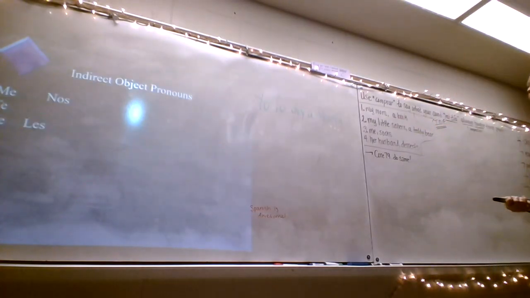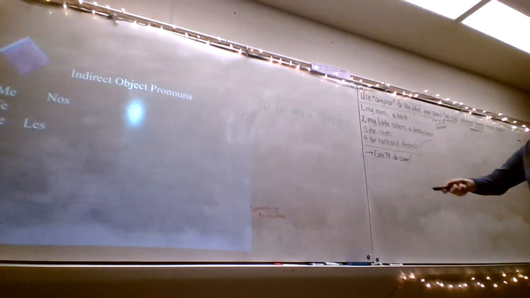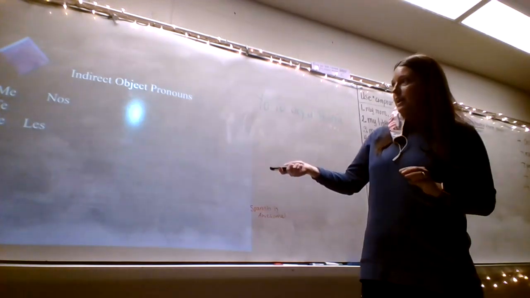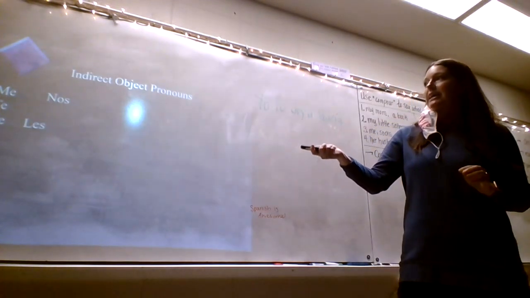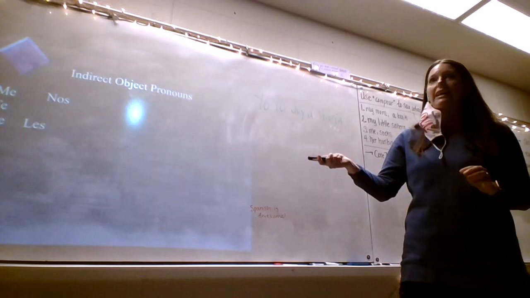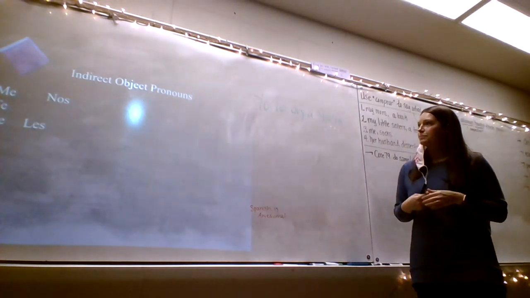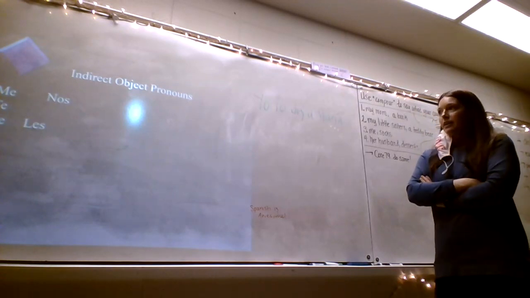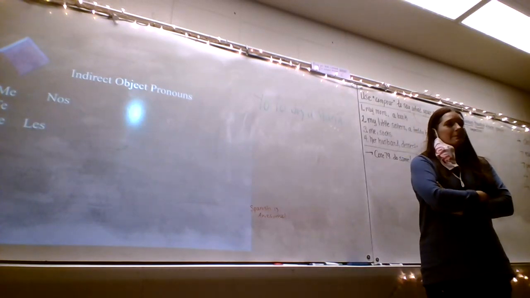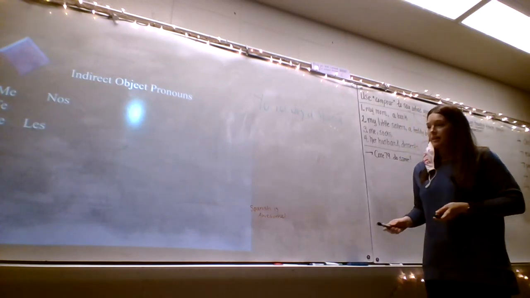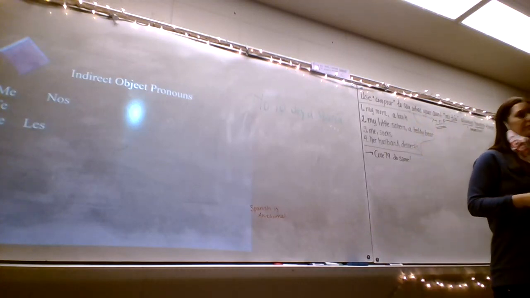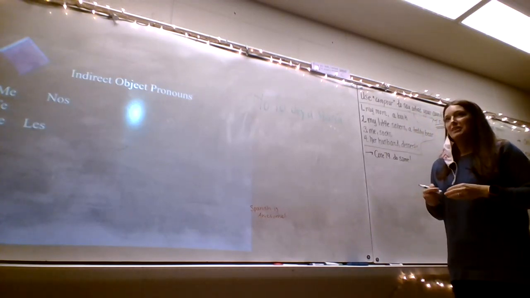Oh, perfect timing. Okay. So this is your new chart, your indirect object pronouns. Okay. So me, te, le, nos, and les. They're all the same except that bottom row. Okay.